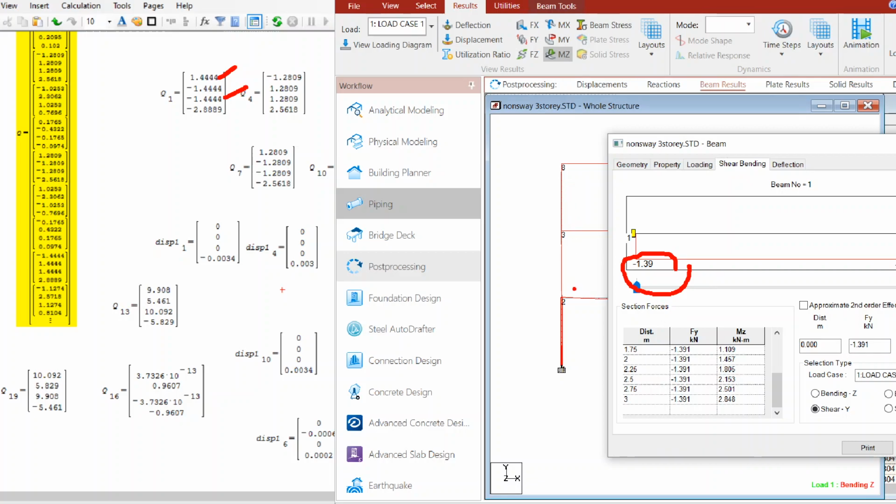Okay, remember, in STAAD, it's not using only a beam stiffness formulation. It's using a full 3D space frame stiffness matrix.